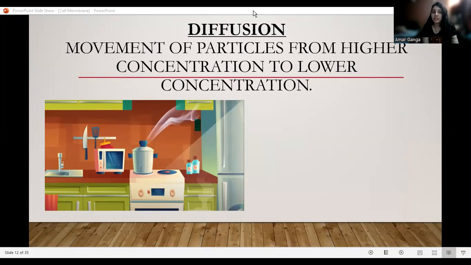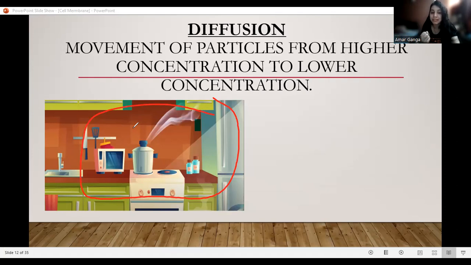So here you can see the picture of a kitchen, and your mom is cooking something in the kitchen, and the smell of food being cooked in the kitchen reaches us even if we are in a different room. If we are in a room and we are sleeping, the smell of hot sizzling food reaches us even when we are at a considerable distance.